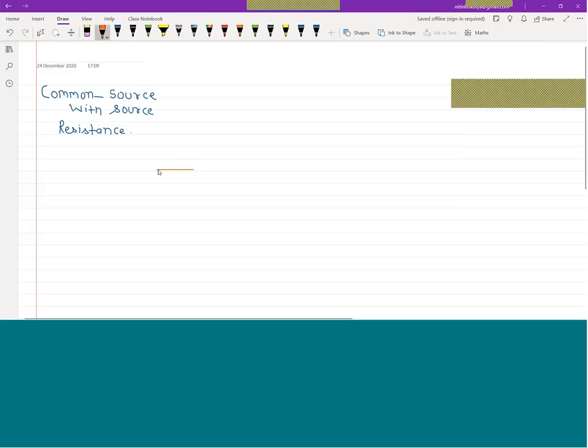So this is my input sensor signal voltage Vs, and this is the source resistance Rs, which is of course unavoidable.